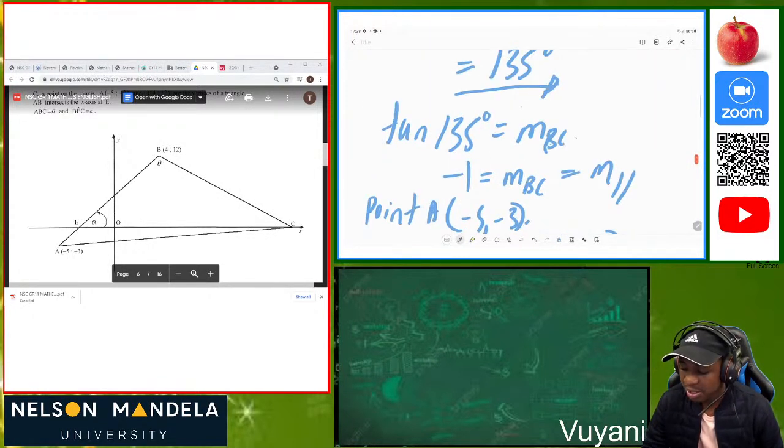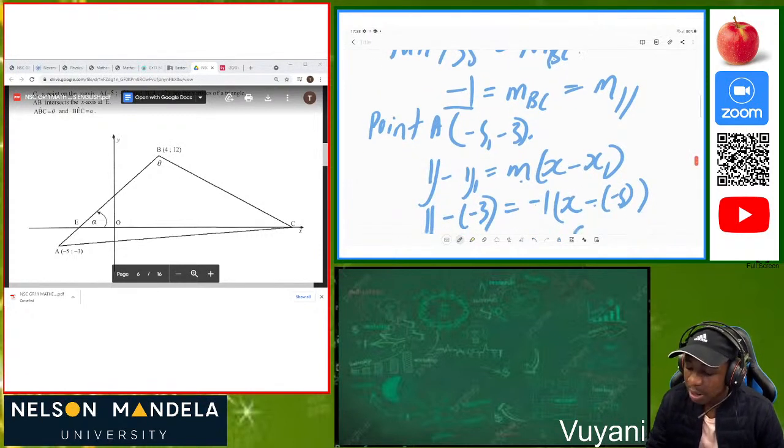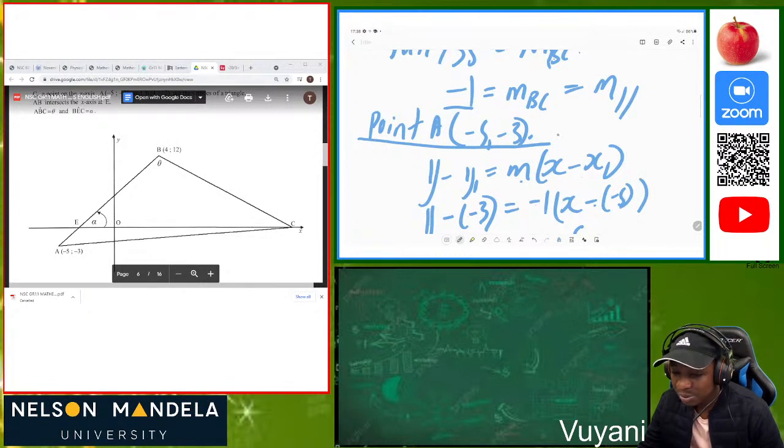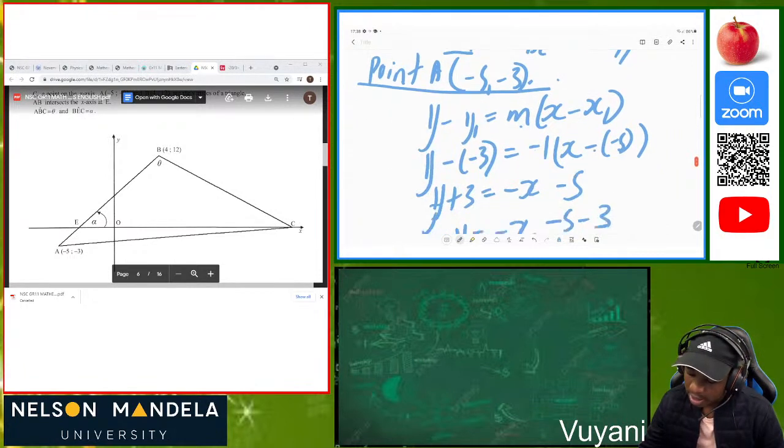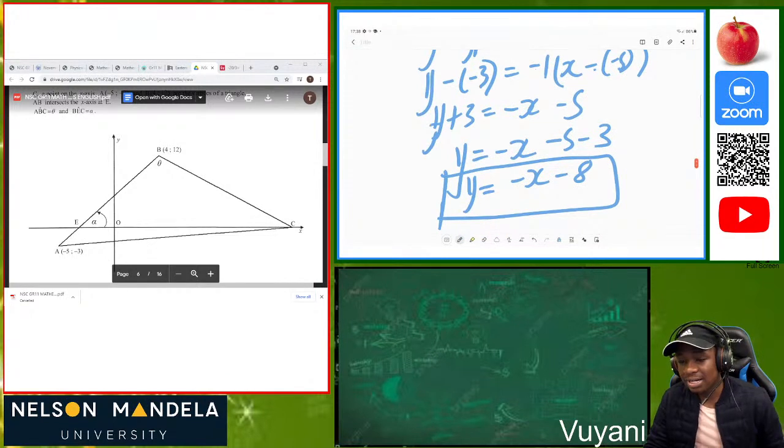Then we got the gradient to be negative 1. And they say that it's going to pass through point A. So we take that point A and substitute in our equation, which we know, y minus y1 equals m open bracket x minus x1, so that we can determine the equation of the line. Then we substitute the point and we end up having this equation.